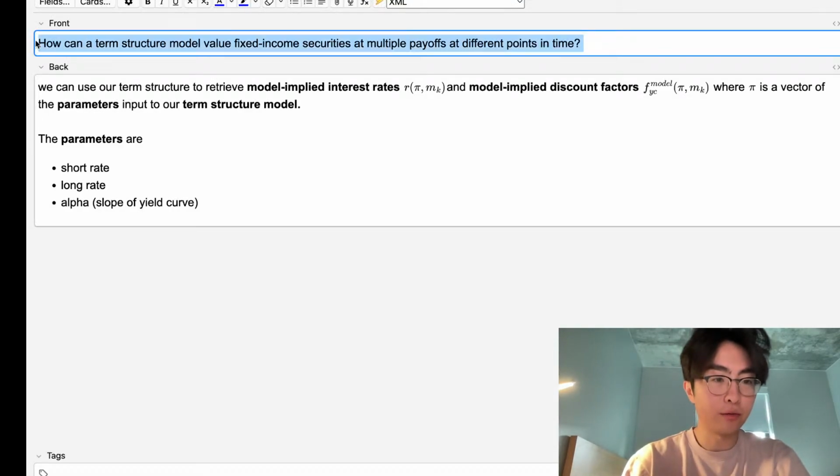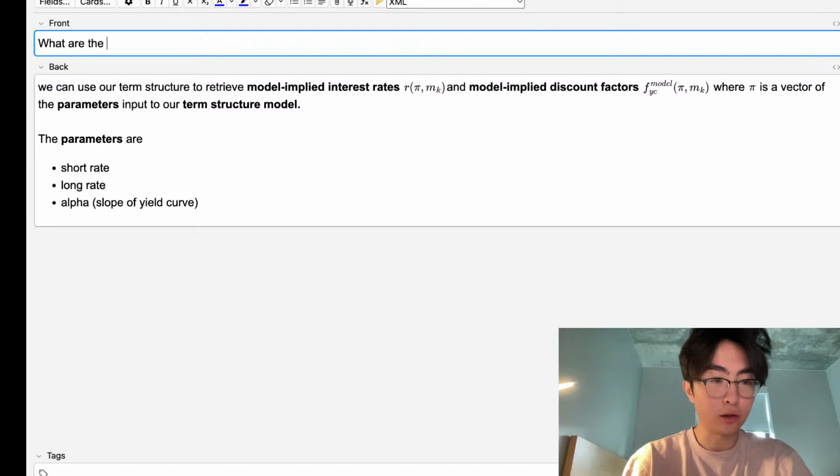So let me rephrase these questions. So what are the term structure outputs?